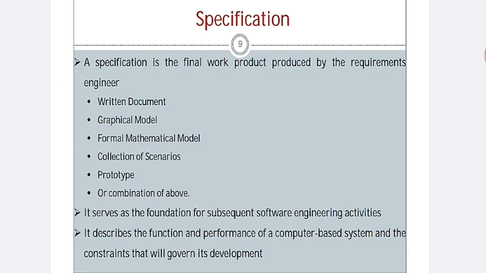Specification is the final work product, and that consists of a written document, graphical model, formal mathematical model, collection of scenarios, prototyping, or a combination of any of them. It serves as a foundation of subsequent software engineering activities, so it provides all the basic information regarding the software.